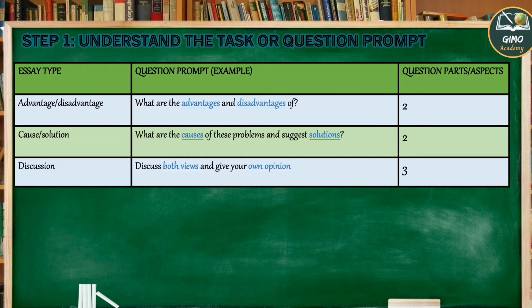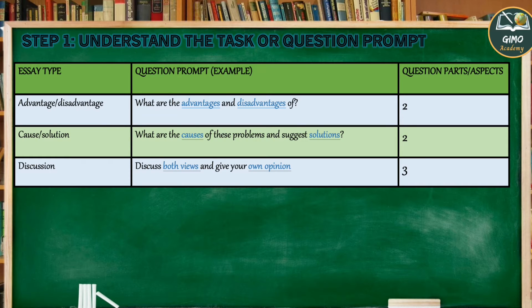Let's move on. The next type of essay is the so-called discussion essay. What is a discussion essay? A discussion essay is going to ask you to discuss 2 perspectives and then give your personal opinion. And this kind of question has 3 main parts.